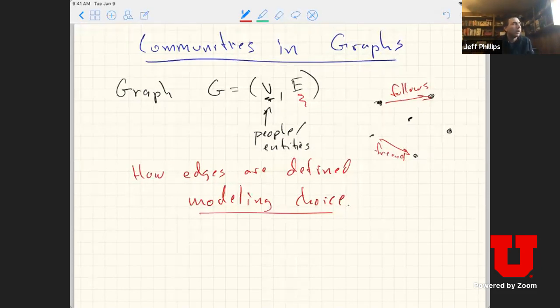These tend to be more hierarchical, in that I can't send a message, I can't see someone's tweet or reply to it if I don't follow them on Twitter, for instance. So it's not quite as important, but it's still this modeling choice of how the edges are defined. All right.